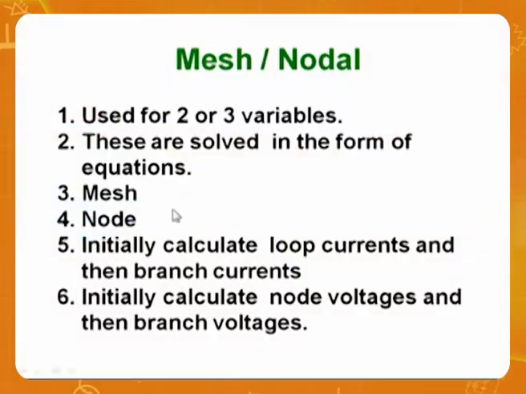And we use mesh here, we use nodes there. Initially we calculate loop currents, and from the loop currents we calculate branch currents. Similarly, if we use nodal analysis, we calculate nodal voltages and then branch voltages. So these are the basic differences in the approach for the problem.